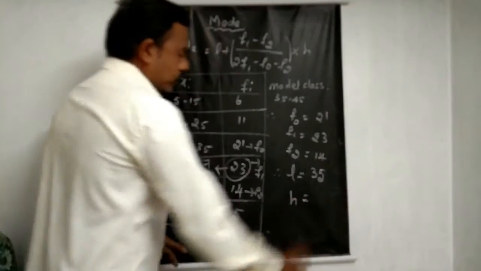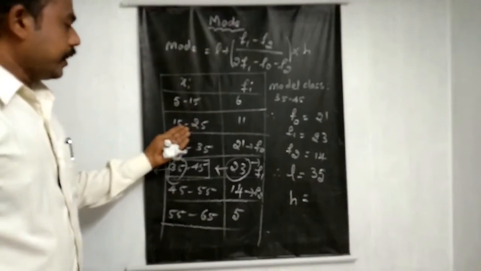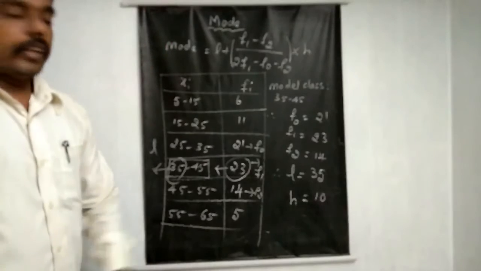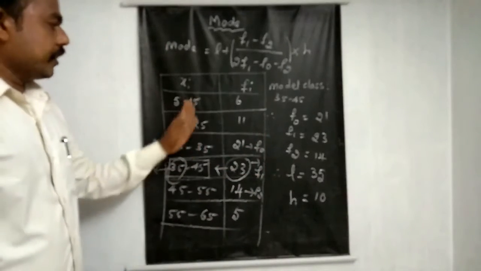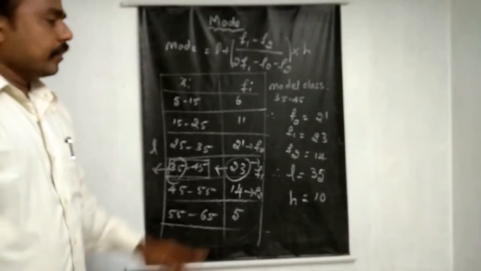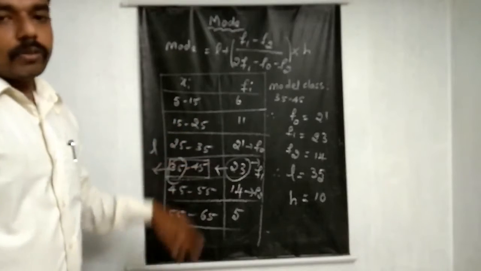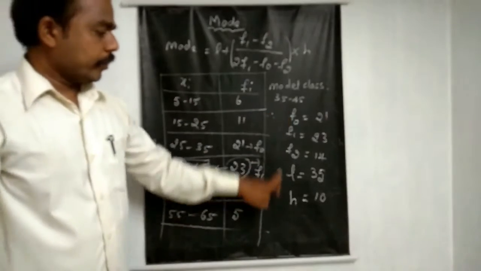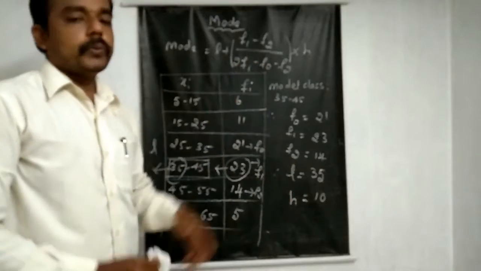Finally H is 10, the width of 5 to 15, 15 to 25. That's all, identification is over. We write the table, the width should be equal in all xi, and finally we write these numbers and substitute them in the mode.